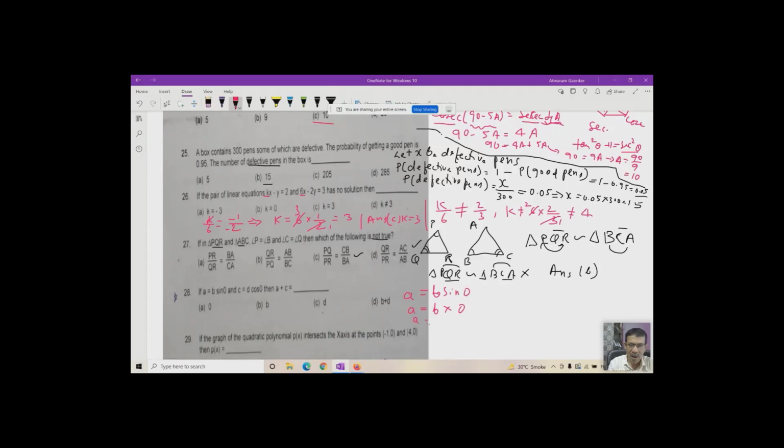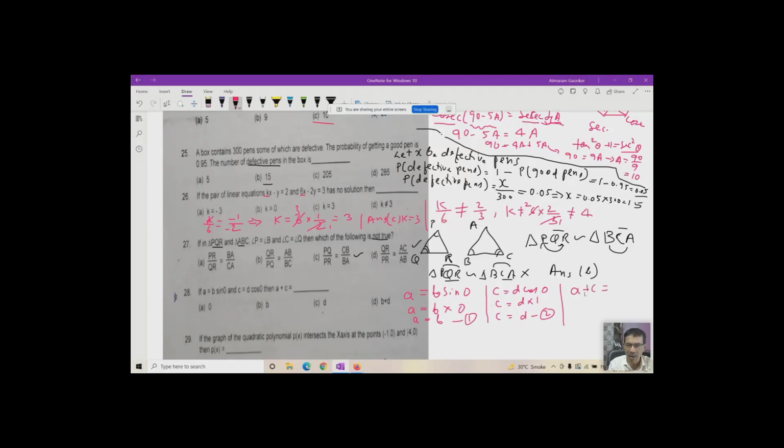So now we have got A is equal to B. Let me name this as equation 1. Then second is given C is equal to D cos 0. So C is equal to D, cos 0 is 1. This is equation 2. So you are asked to find A plus C.